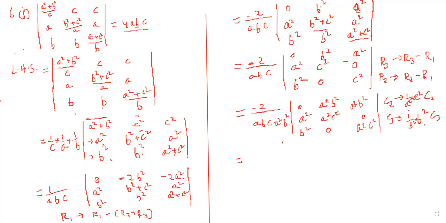Now if we take a square b square common from the first row, it is minus 2 a square b square over ABC, a square b square into 0, 1, 1. Then a square c square 0.